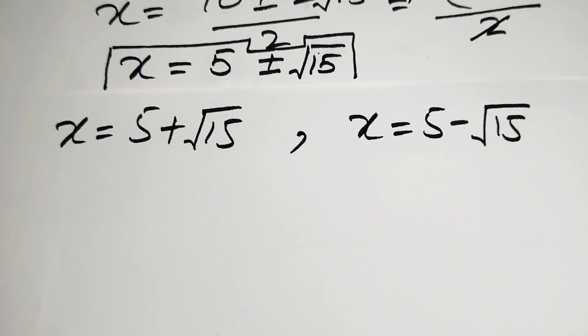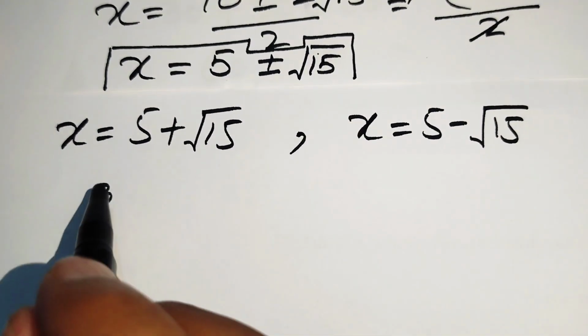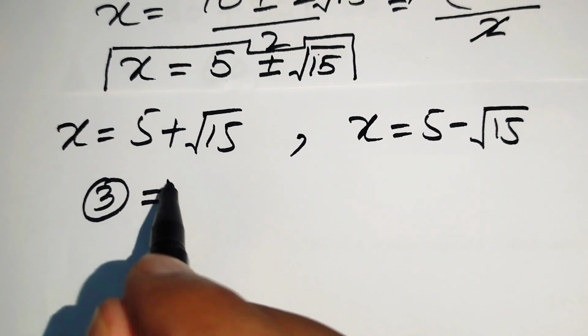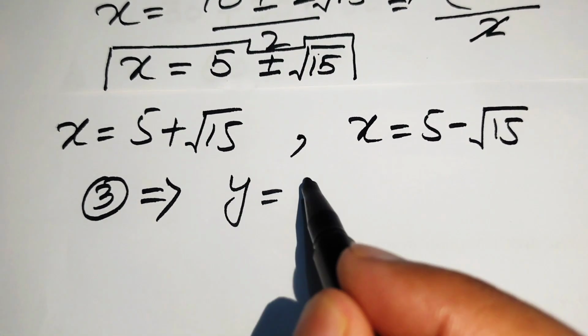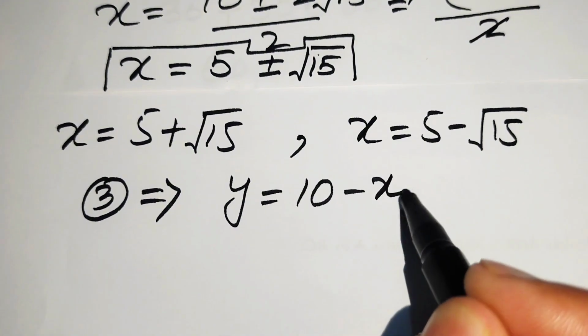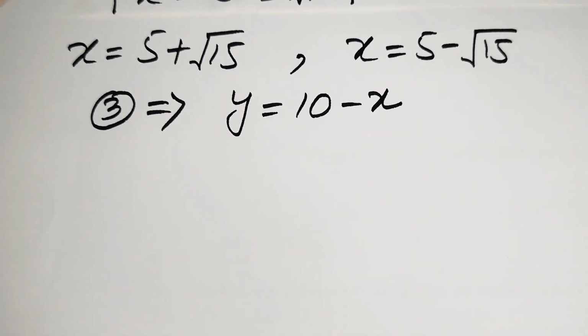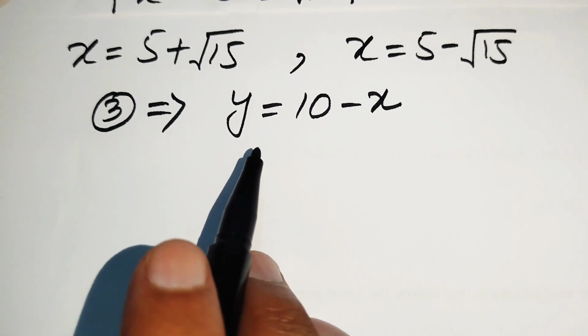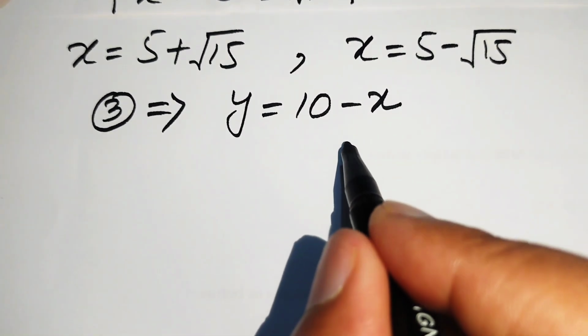Because we need to find the value of y, we copy down our equation number 3, which implies that y equals 10 minus x. Now we put both of the above values of x in this equation and we get the corresponding values of y.